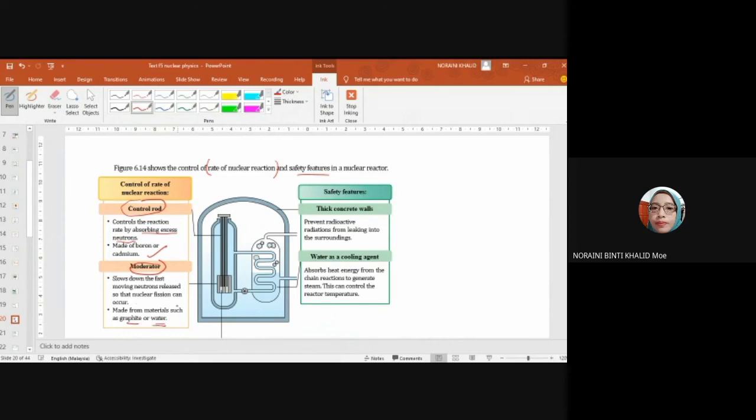Graphite moderator. Another safety feature is a thick concrete wall to prevent leakage of radioactive radiation to the surrounding. And then water as a cooling agent, because a large amount of heat is produced in this process, so we need to cool it down. So how to cool down? Use water, which has a high specific heat capacity, like heavy water.